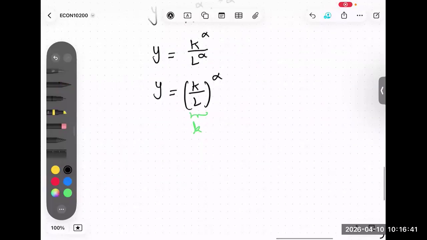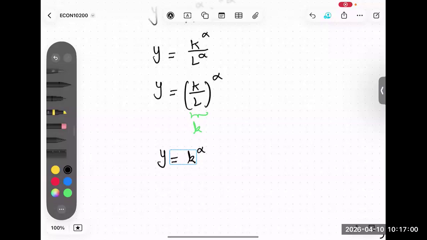And we are done, because what we have inside the parentheses, we know that is the capital labor ratio, but everything is raised to the power of alpha, which means that the production function in per capita terms is capital per worker raised to the power of alpha. And that's what we wanted to show.